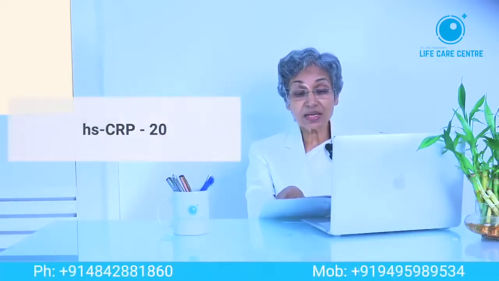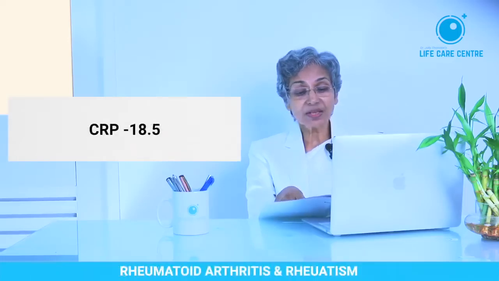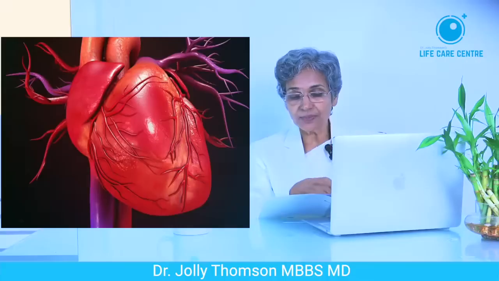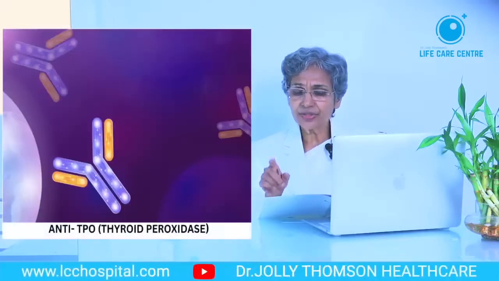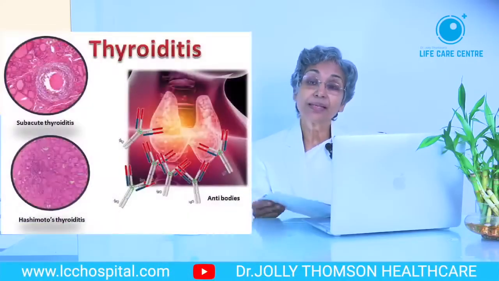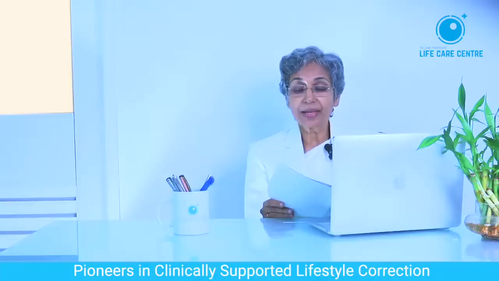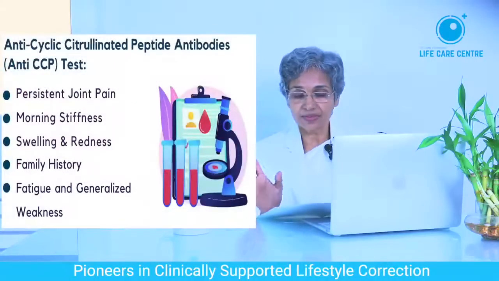And even with all these medicines, his ESR is high, HSCRP is 20, and the CRP is 18.4. That means it is not only the joints; the blood vessels and cardiac risk factors are also involved. Anti-TPO, a marker of thyroiditis, is also high. RA factor and anti-CCP are very high, and his toxin level is also very high.